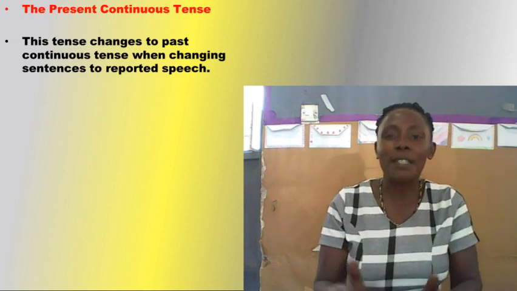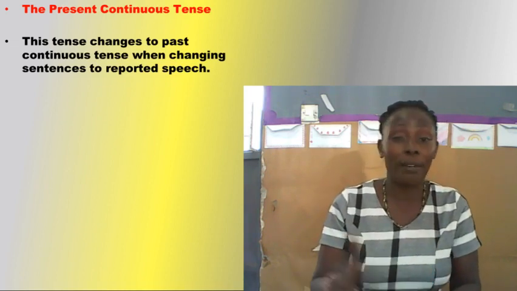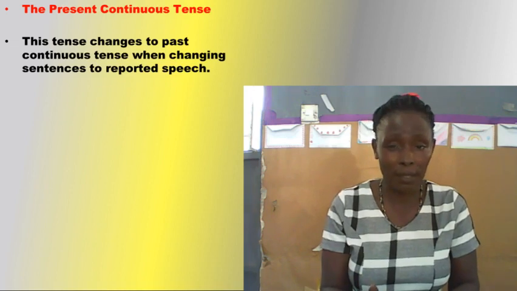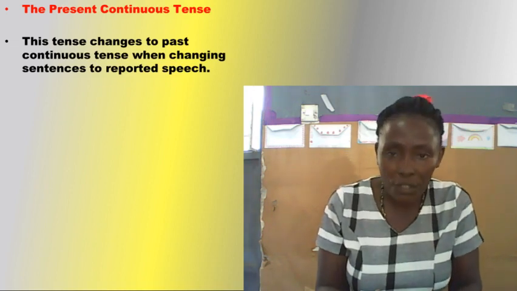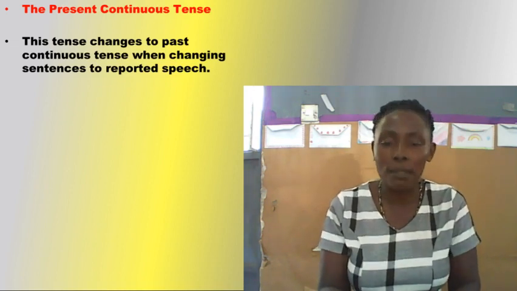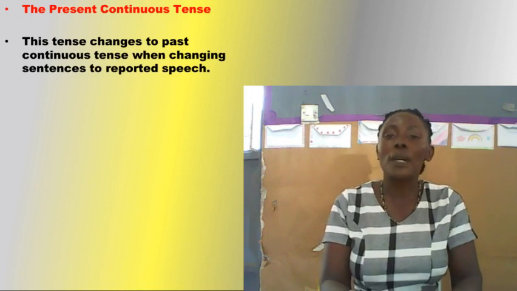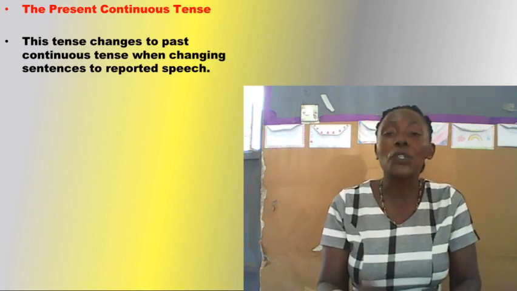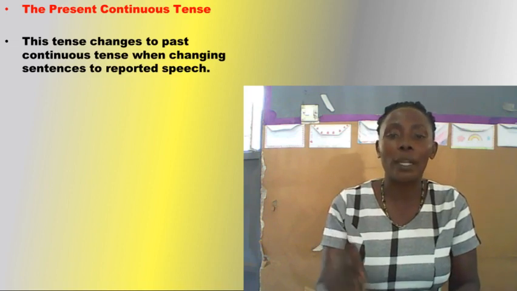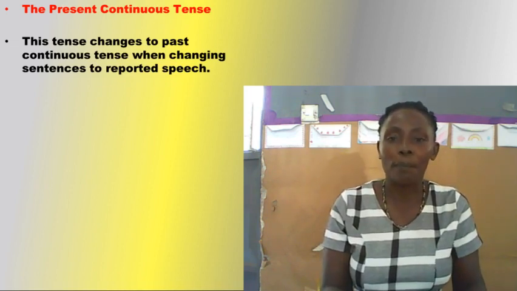If the sentence in direct speech is in present continuous tense, take note of this: the present continuous tense changes to past continuous tense, following the guidelines we gave you yesterday.